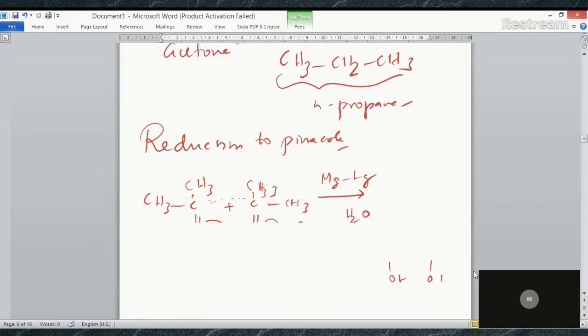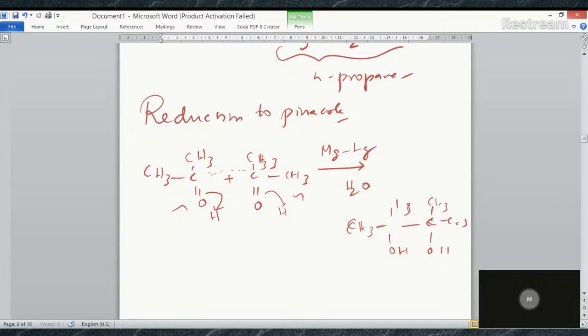How do you give the IUPAC name of this particular compound? You can take CH3, CH3, CH3, CH3, with OH.